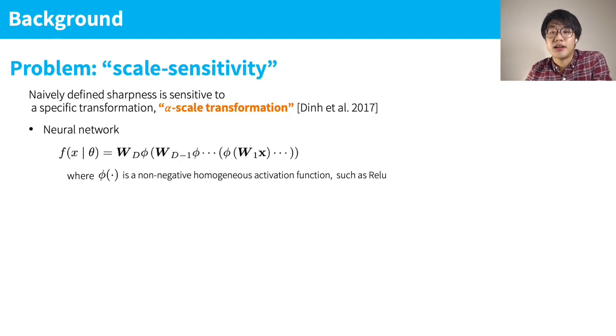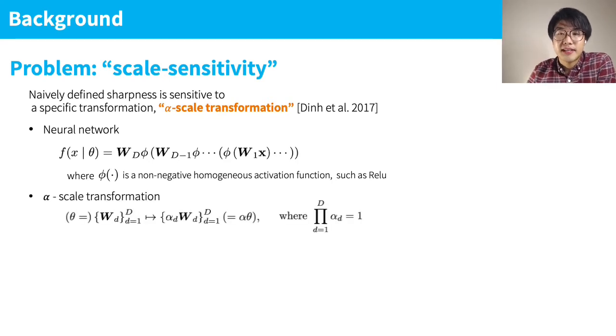Here we focus on activation functions with the non-negative homogeneous property, such as the ReLU function. Alpha scale transformation is a layer-wise transformation by a collection of scalar values, alpha 1 to alpha D, whose total product is 1.